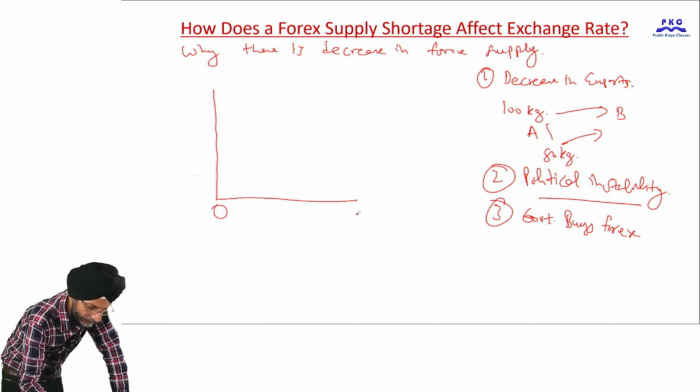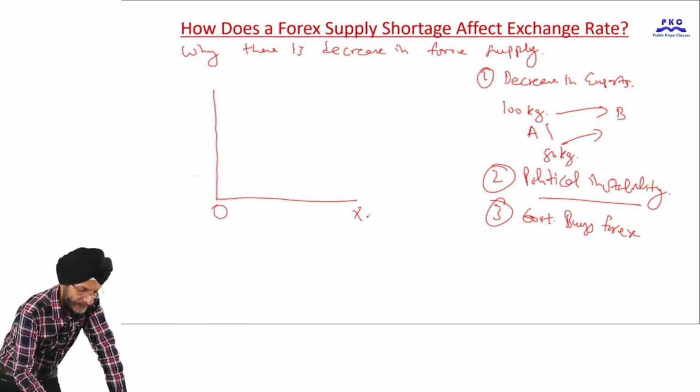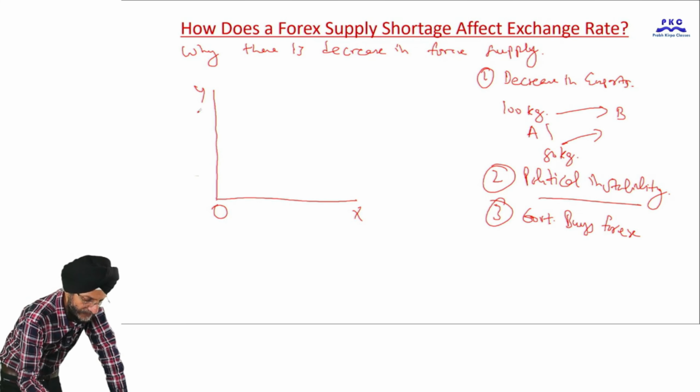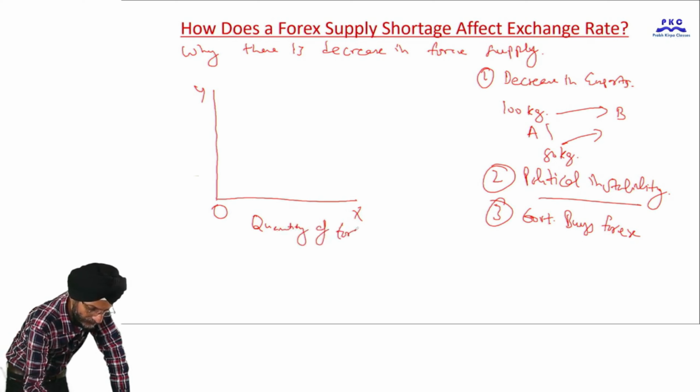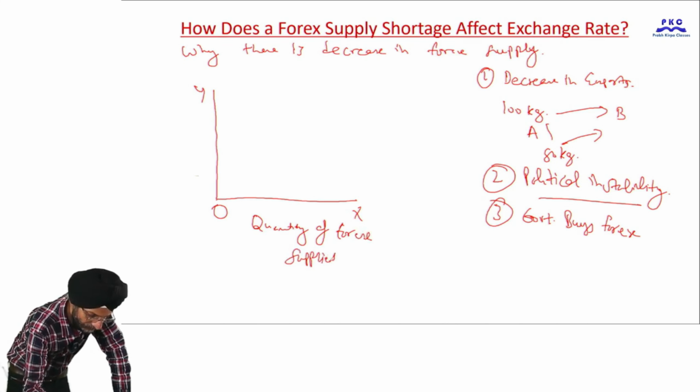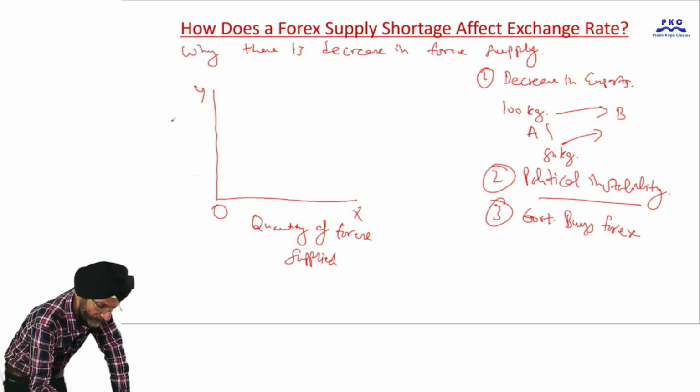So as you know, OX is the X axis, OY is the Y axis. On the X axis, we will study quantity of forex, foreign exchange supplied. On the Y axis, it is exchange rate, or the price of foreign currency in relation to the domestic currency.